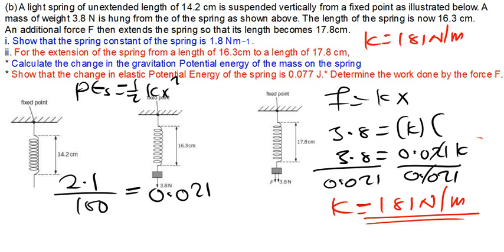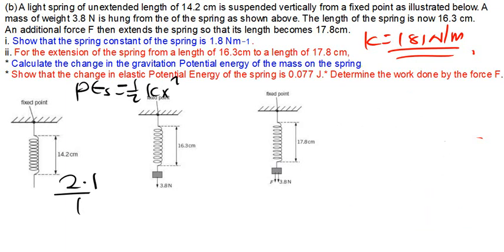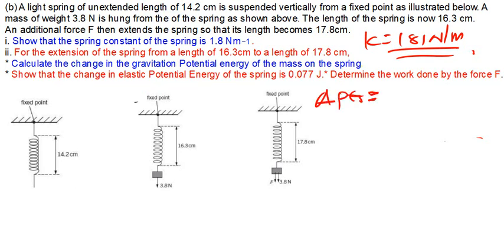Now I can find my change in elastic potential energy. So I'll use the same approach. The change in elastic potential energy will be equal to the elastic potential energy final minus the elastic potential energy initial. So the elastic potential energy final will be equal to half k x squared.